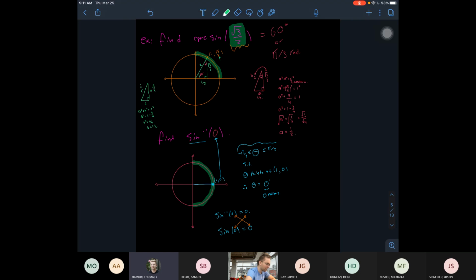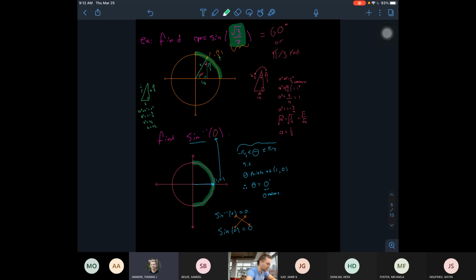So on the inside of that function, we get a y value, and we want to make a point on the unit circle with that y value. Then we can either draw a triangle, or in the case of the second example, we didn't even need to do anything. We just want to find the angle between negative pi over 2 and pi over 2 which points at that point.